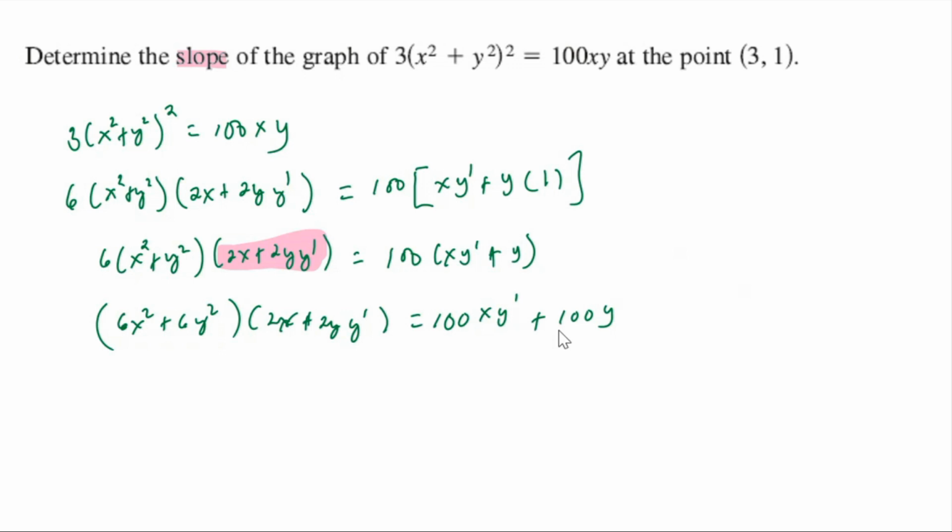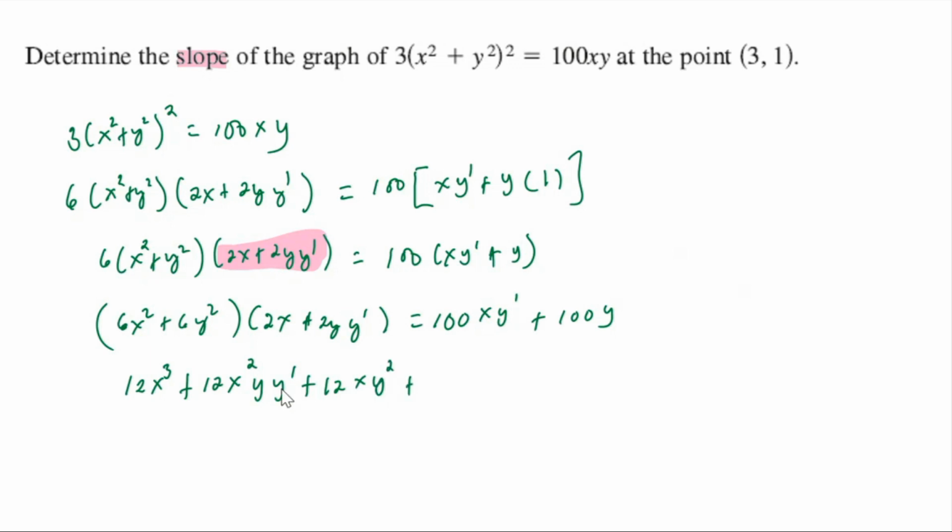So we need to use the FOIL method on the left hand side. The first term is 6x squared times 2x, we have 12x cubed. And then the outer terms, we have 6x squared times 2y y prime, which gives us the product of 12x squared y y prime. Then the inner terms: this is 2x, so 6y squared times 2x, the product is 12xy squared.